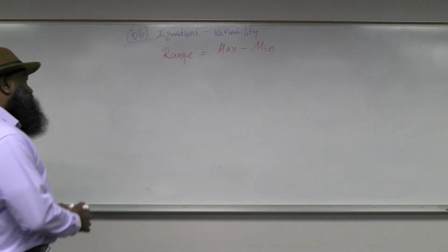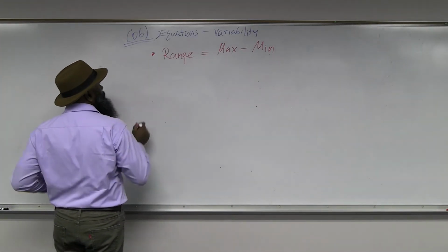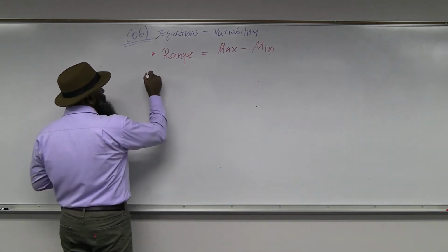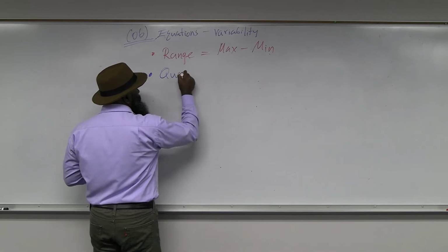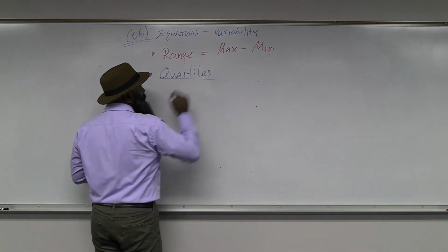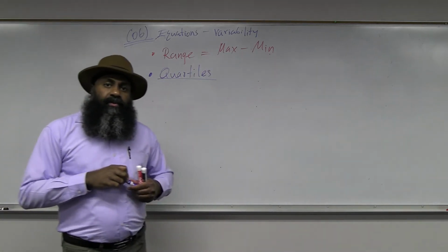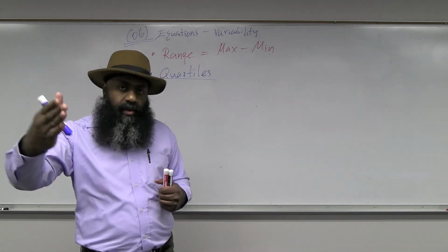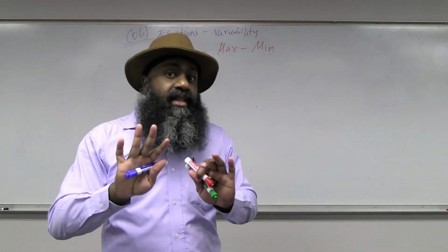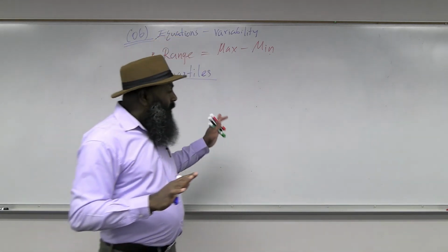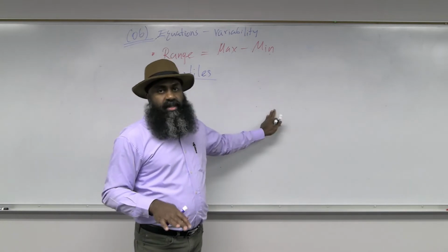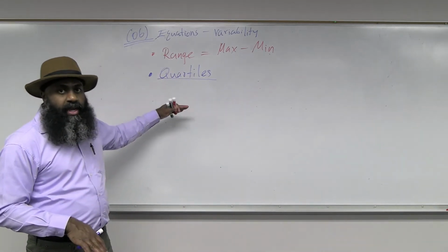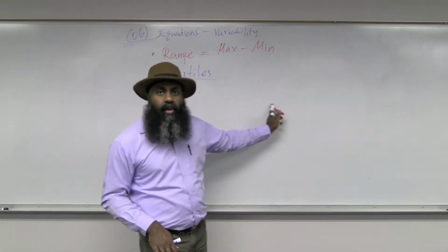And then quartiles. To find quartiles, first you have to arrange the data in the increasing, or ascending, order. Unlike the median, where you can use either order, for quartiles you should arrange the data only in the ascending order.